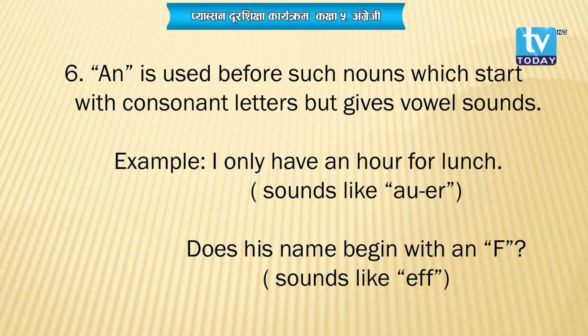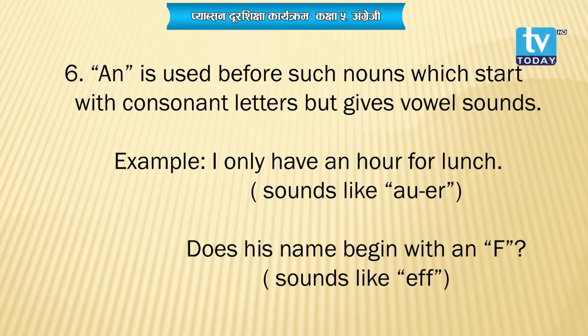So now, dear children, you can take this example. The first example is: I only have an hour for lunch. For your ease, we have mentioned the rule to be applied for the use of 'an'.